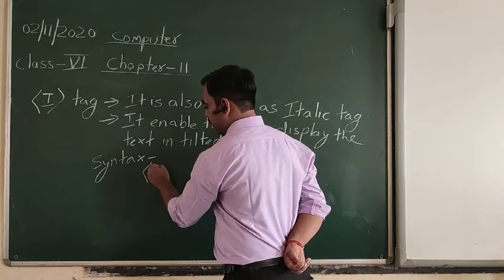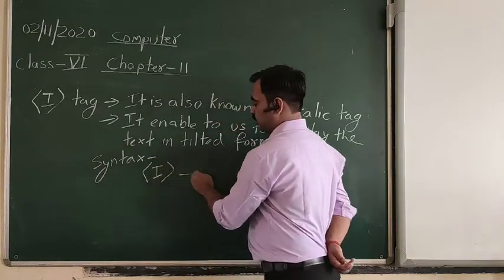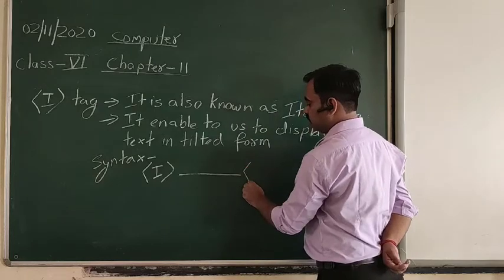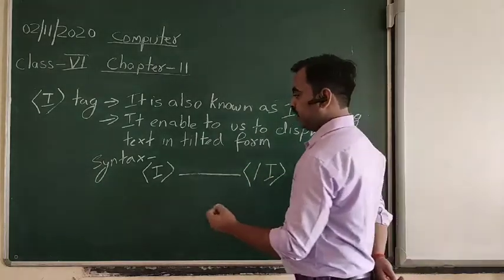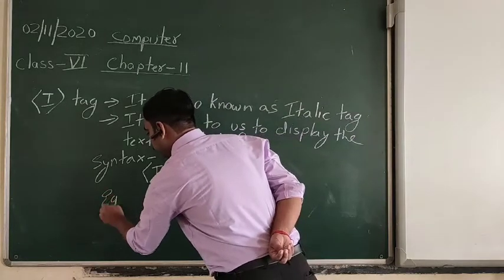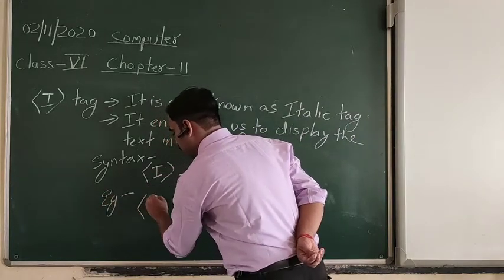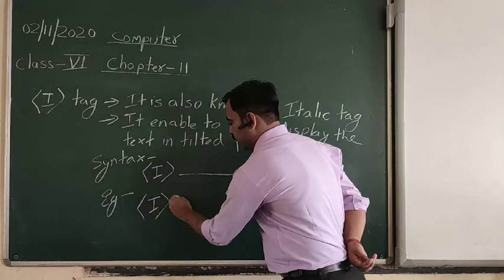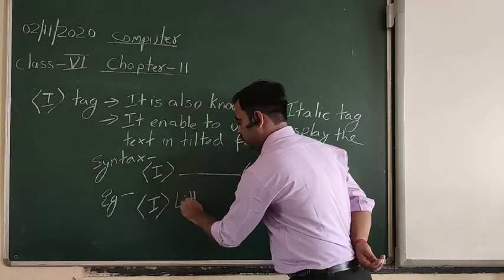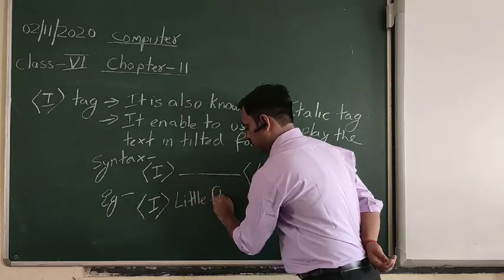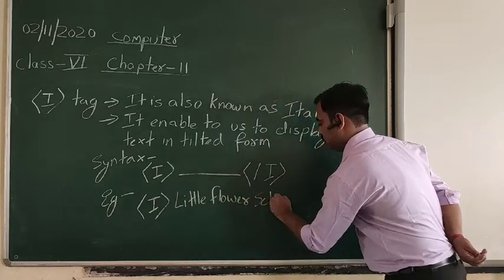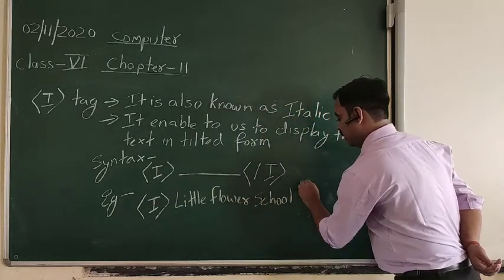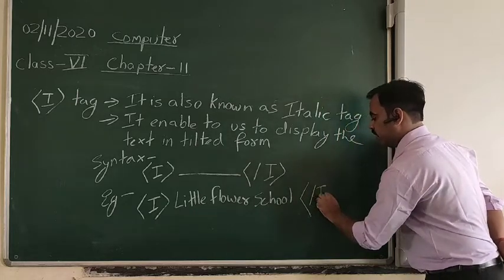So you have to write I, then write the sentence, and then close the I tag. Example of the I tag: I write the name of your school, and then close the I tag.